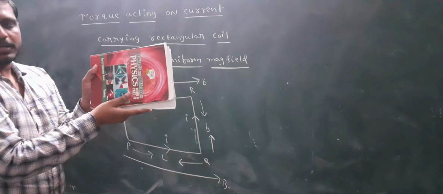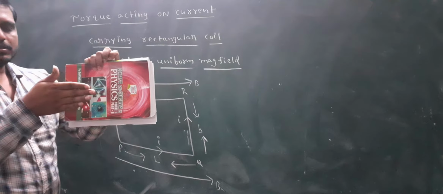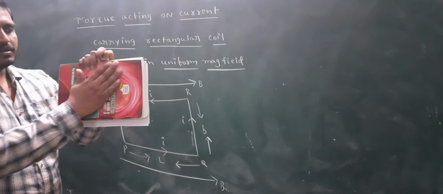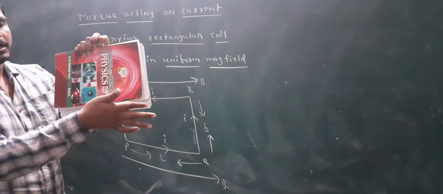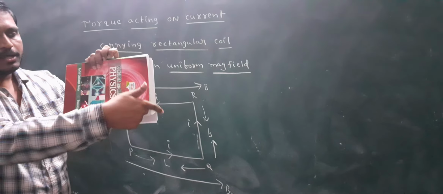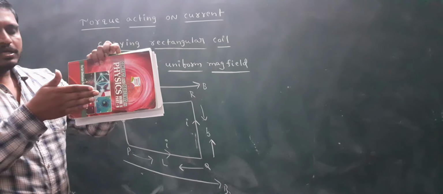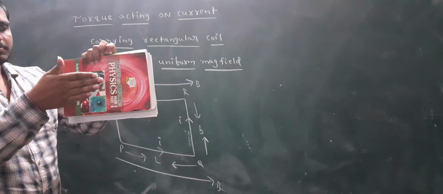For example, this is the rectangular coil. This is the plane. Here, this is the magnetic field. Length is L, breadth is B. Here, the field is parallel to the plane of the coil.